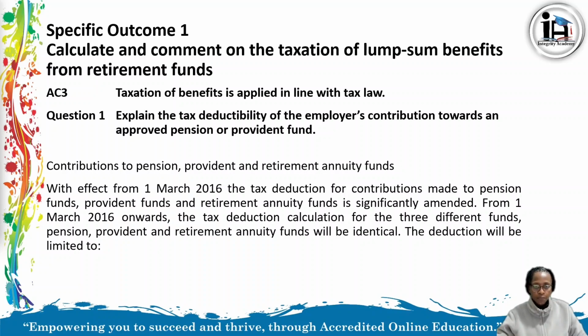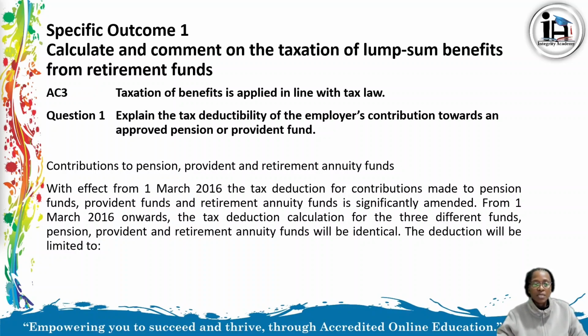Contributions to pension, provident, and retirement annuity funds. With effect from 1st of March 2016, the tax deduction for contributions made to pension funds, provident funds, and retirement annuity funds is significantly amended. From 1st March 2016 onwards, the tax deductible calculation for the three different funds will be identical.